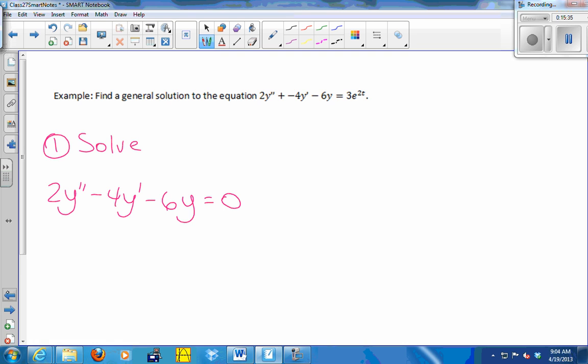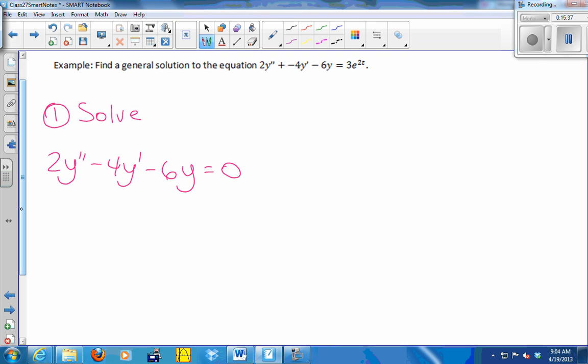All right, so we go back up here. We want to find a general solution to the second order equation. Remember from section 3.6, you can write down the characteristic equation for this without having to convert it to a system. You could convert it to a system if you want, but you can also just write down the characteristic equation.